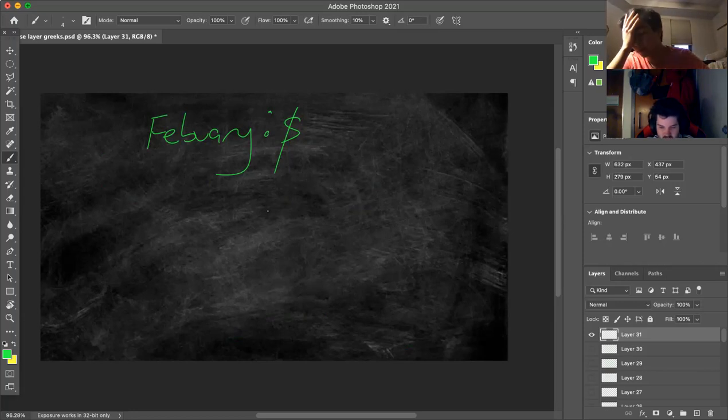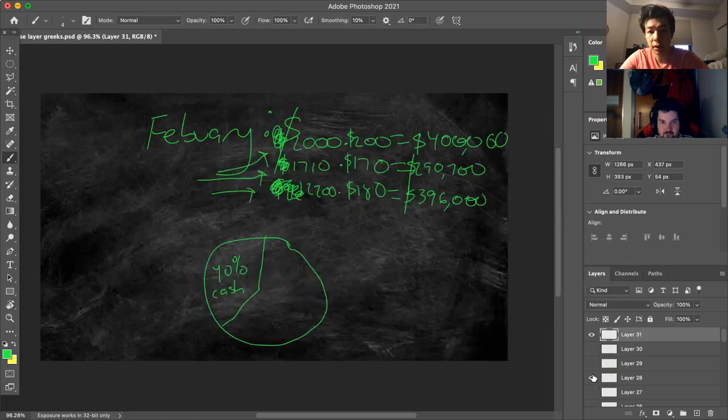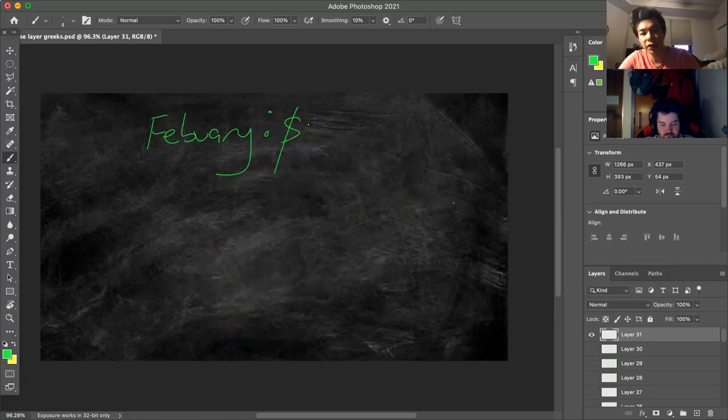Okay, so we got 950 rooms. Yeah, so we already calculated the revenue. The revenue was 290,700. So would you do that times 0.7? Exactly. Because we're not collecting all the revenue immediately.